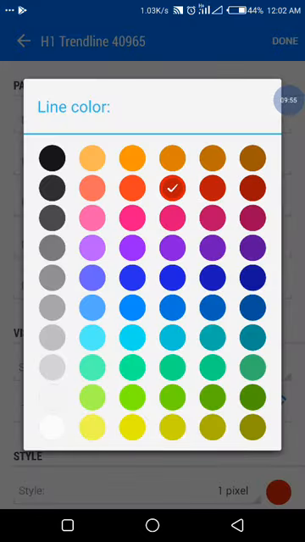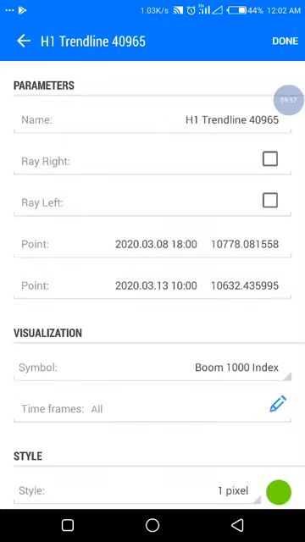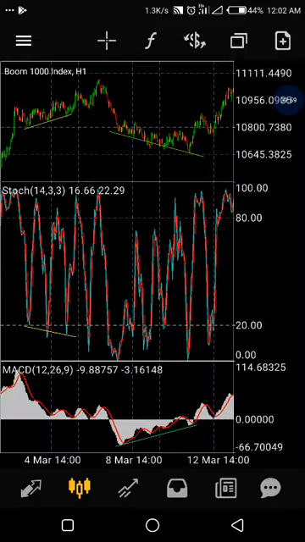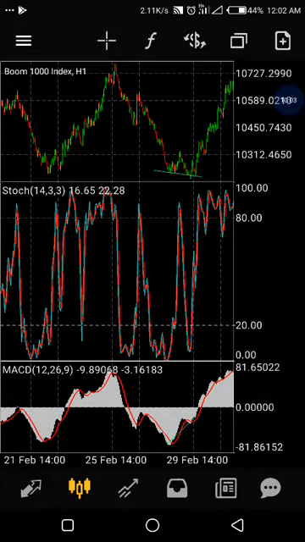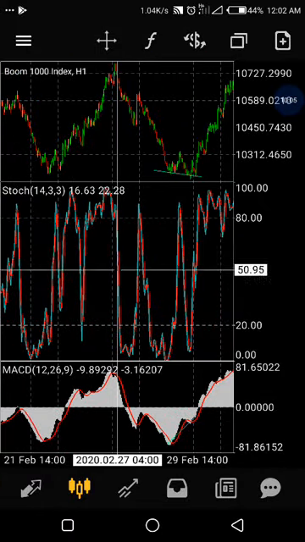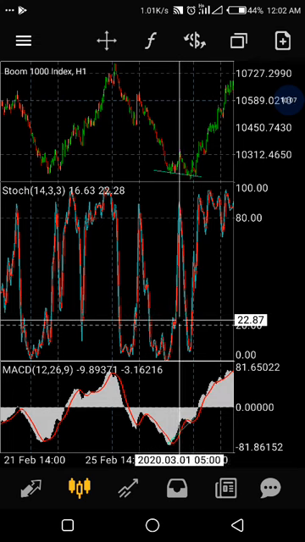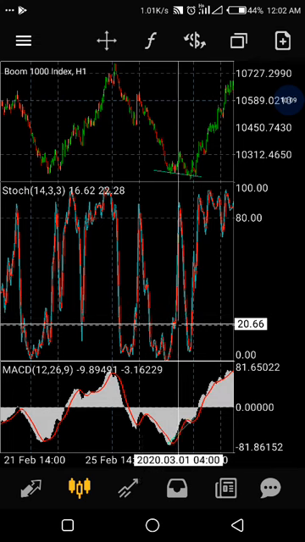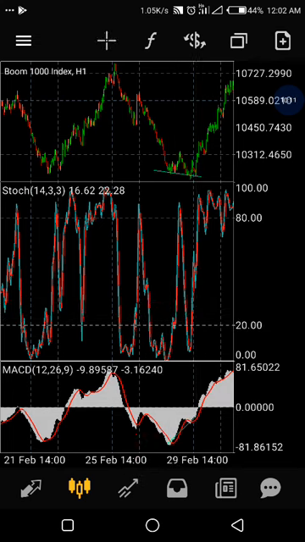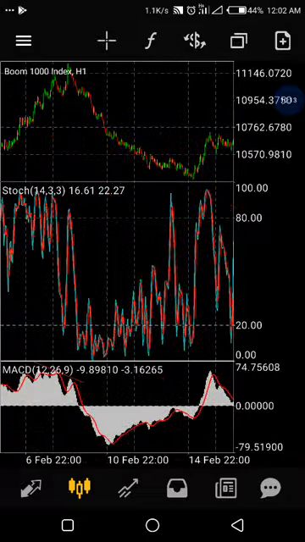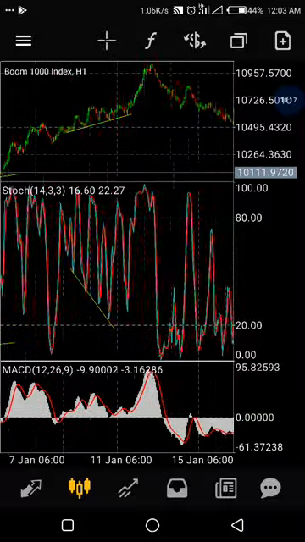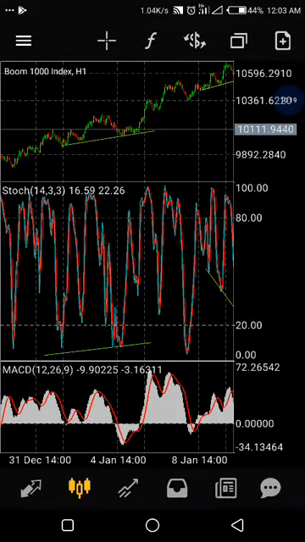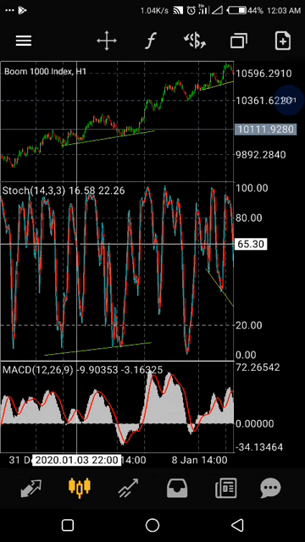Right. So yeah, this is another one. A bullish divergence. See that?